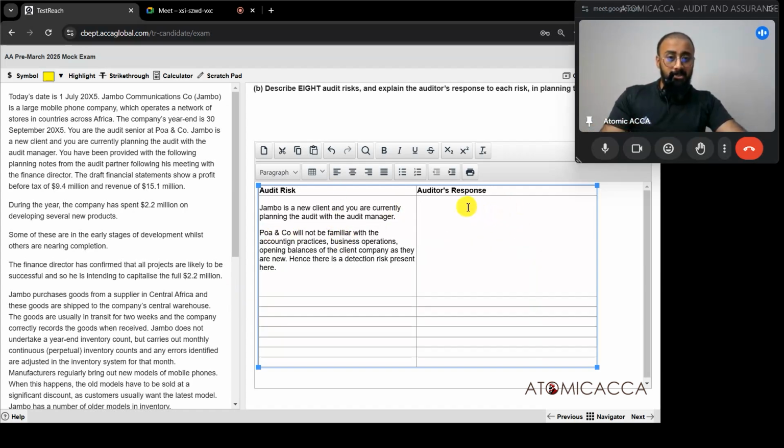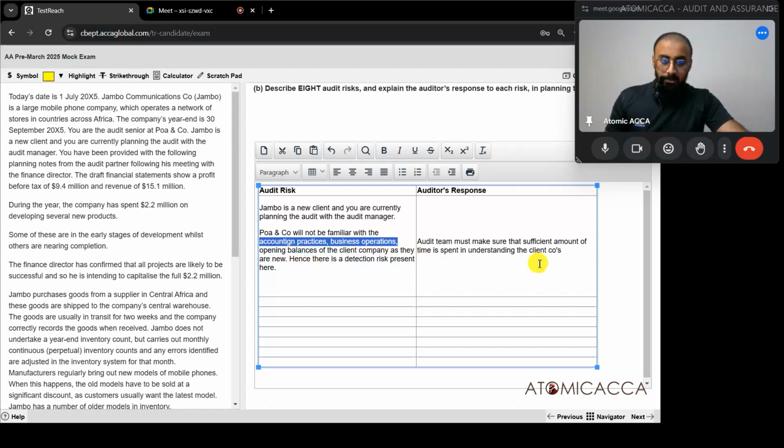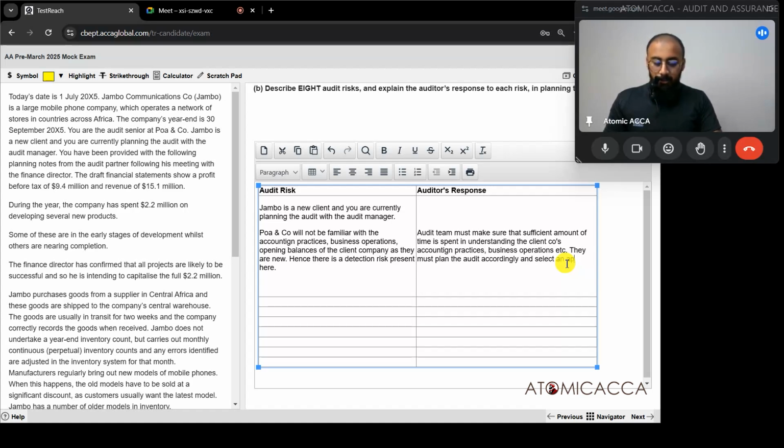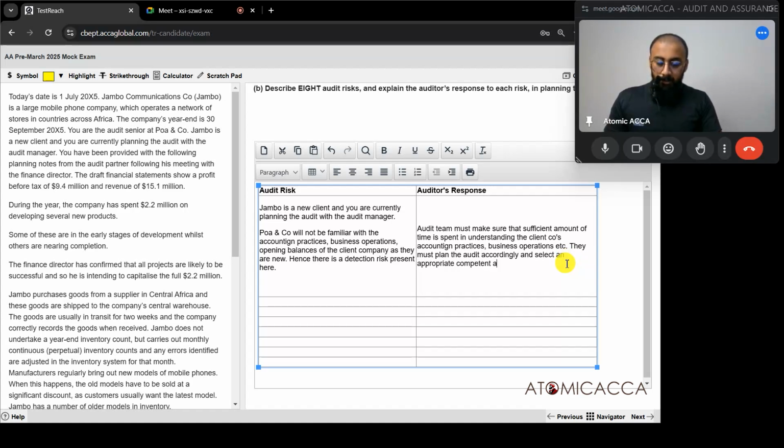In order to make sure that this detection risk doesn't turn out to be a problem, what can auditors do? Auditors or audit team must make sure that sufficient amount of time is spent in understanding the client company, all things, accounting practices, business operations, etc. They must plan the audit accordingly and select an appropriate competent audit team for this audit.